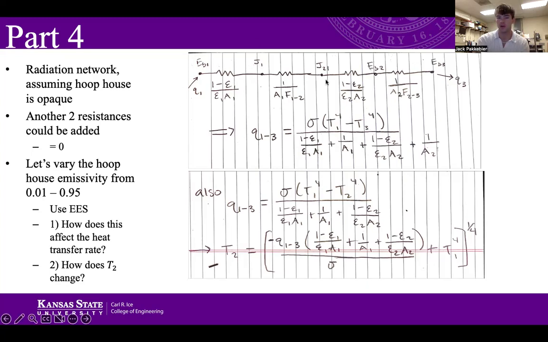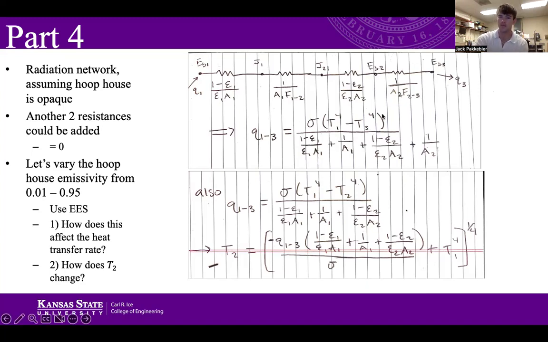So we set up our resistances again, going through each material, and then you could actually add a couple more, but these other 2 resistances that you could add on the end would all have A3, the area of the sky, in the denominator, so they would just go to 0.